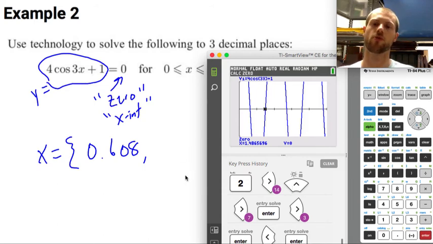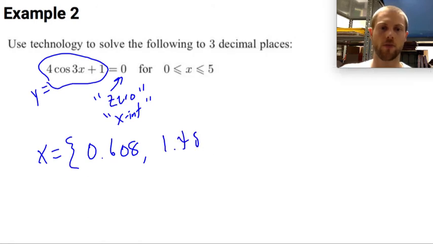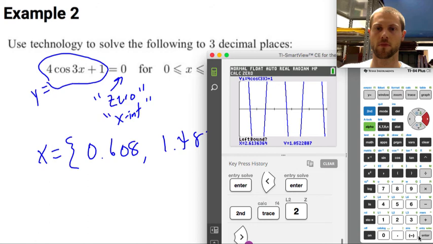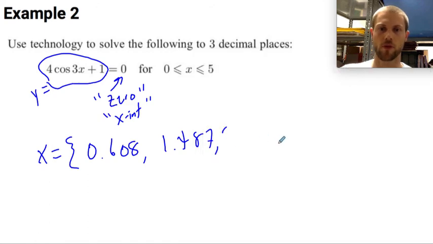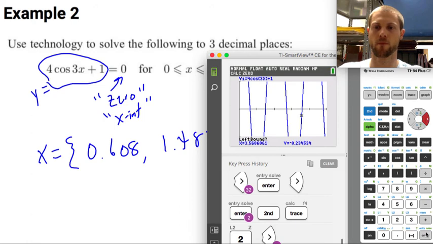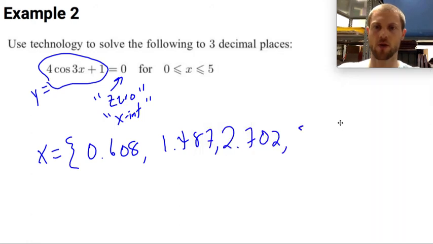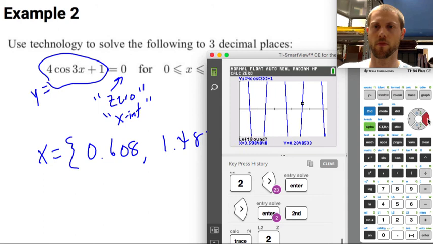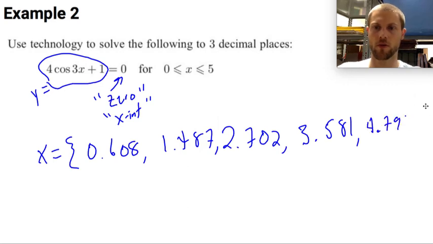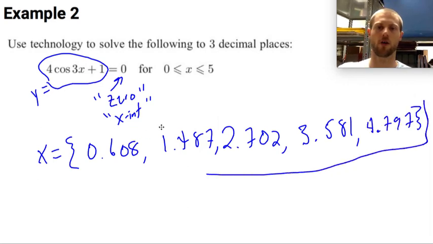I'll zoom through the rest of these, and hopefully you'll get the same answers. And here are all of my solutions.